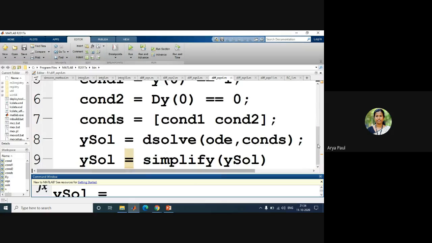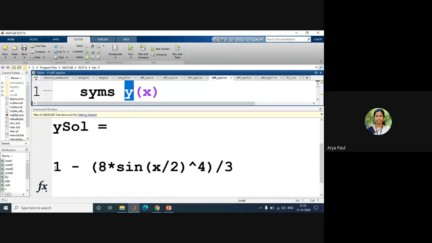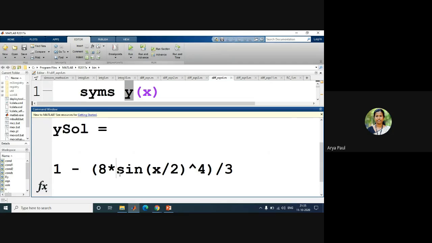Once you get the solution, you can find the value of the function at any point. Here the function is y of x. The solution, 1 minus 8 into sin x by 2 raised to 4 by 3, is the y value.